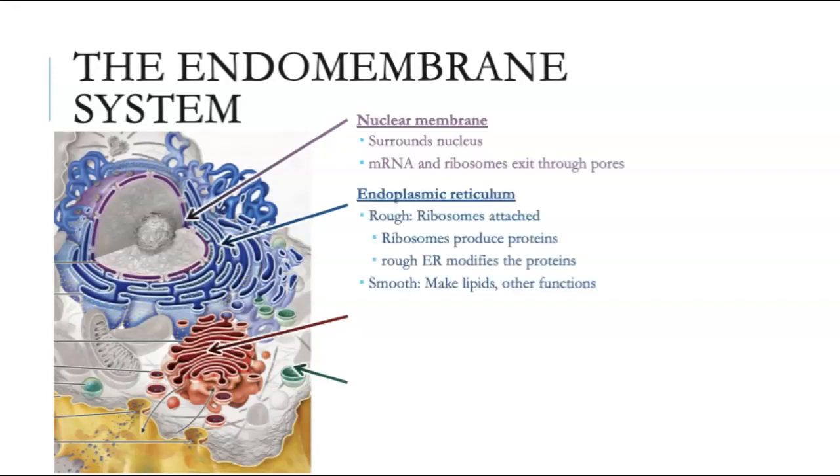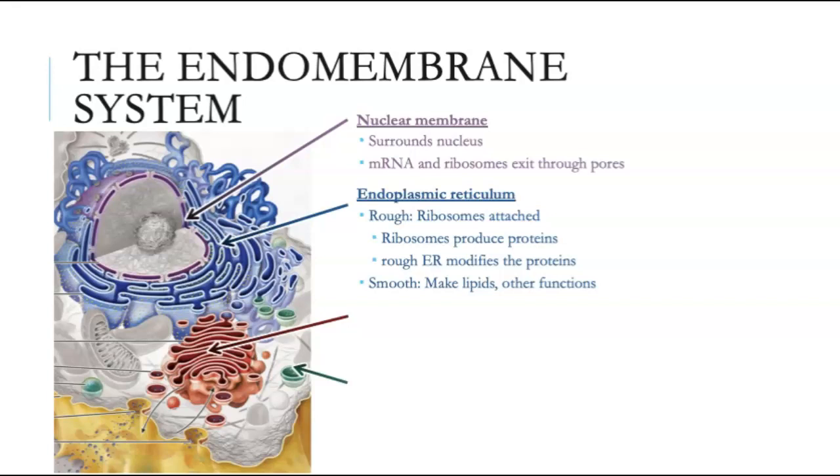In blue, you're taking a look at the endoplasmic reticulum. There's two parts there, the rough and the smooth. We've mostly focused in class on the rough, and that's because, well, that's where the ribosomes are. That's really what's most important. The ribosomes attach there, and the ribosomes themselves are making the protein, but the rough ER is what's going to be modifying them.